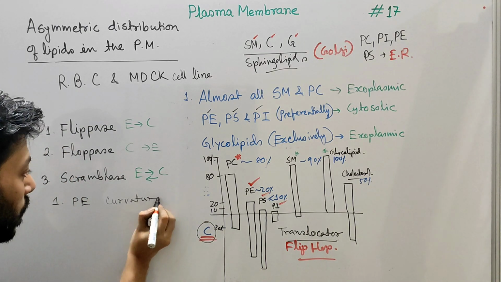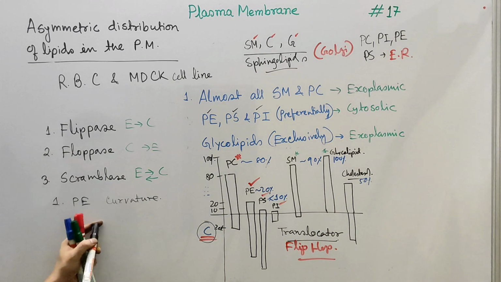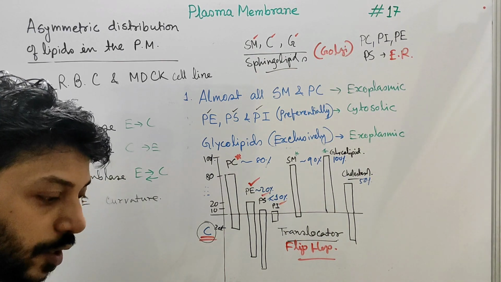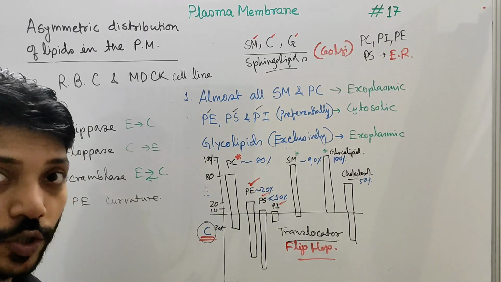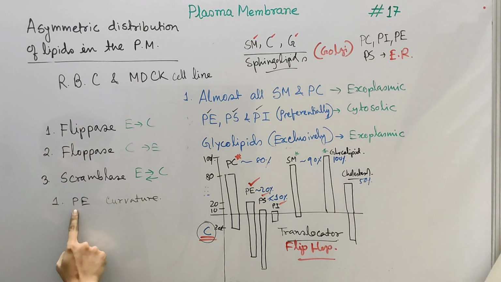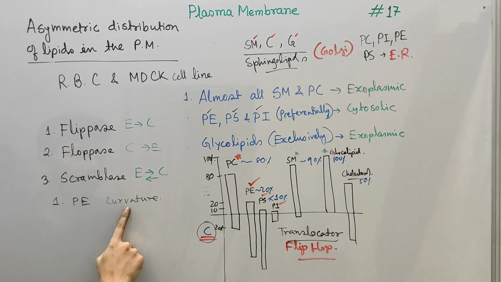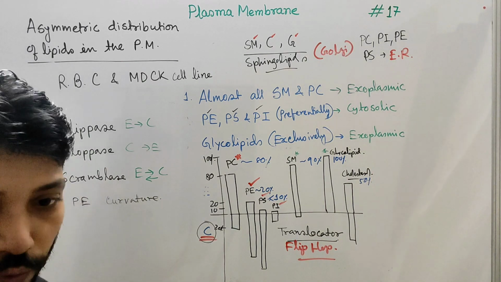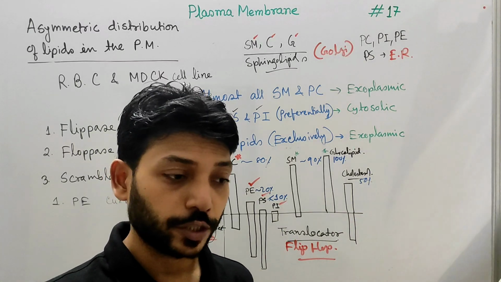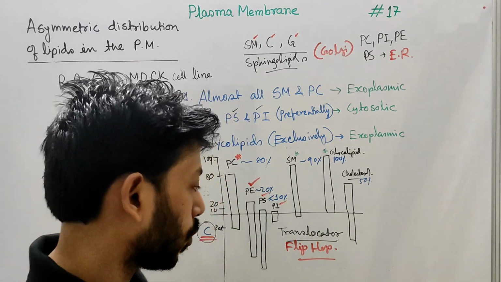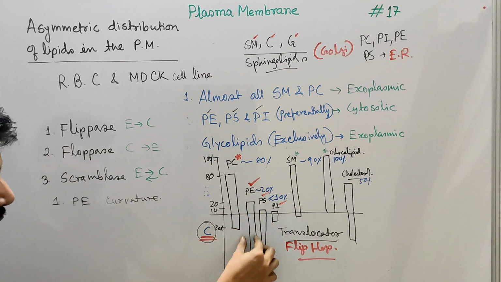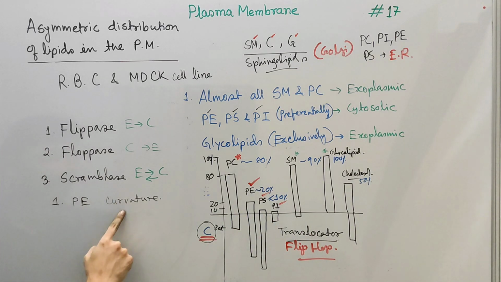I have made a separate video on how lipid composition helps in the properties of the plasma membrane. So the presence of phosphatidylethanolamine helps in curvature, and curvature occurs during viral budding, cell fusion, or cell movement or locomotion. So PE that is present more in the cytosolic leaflet helps in the curvature.